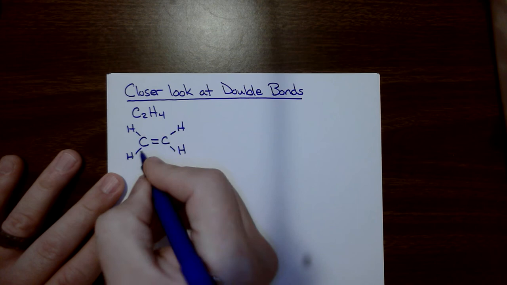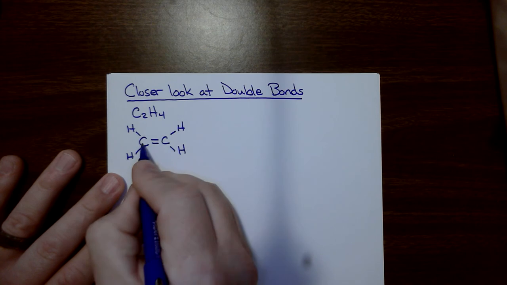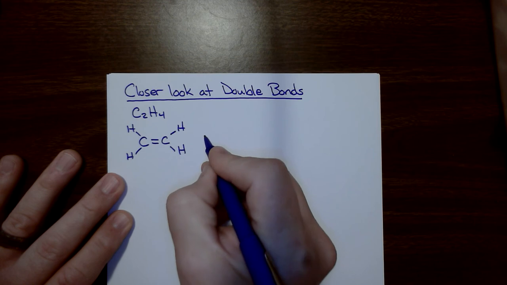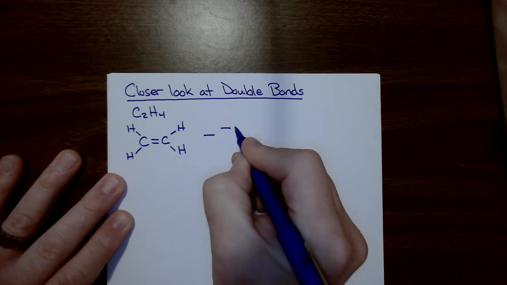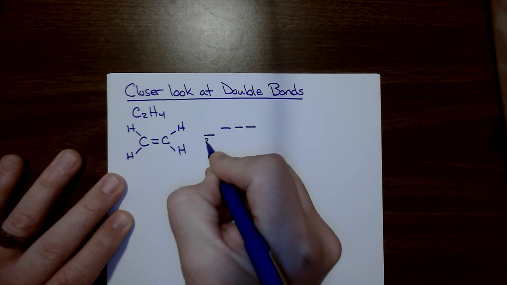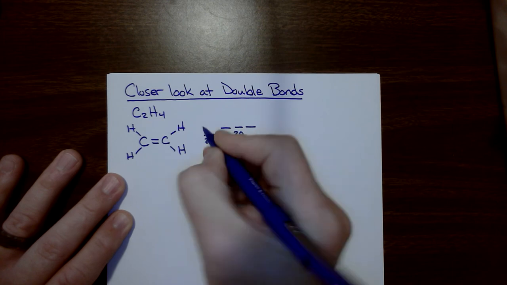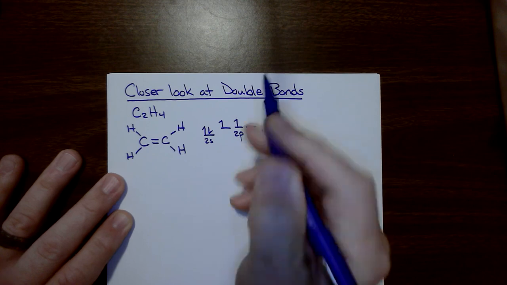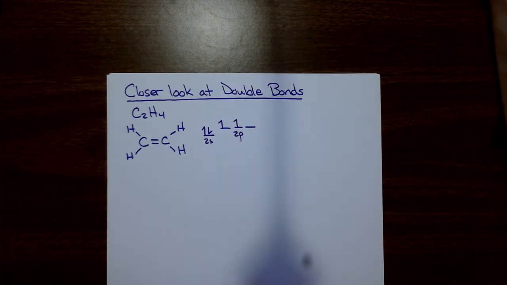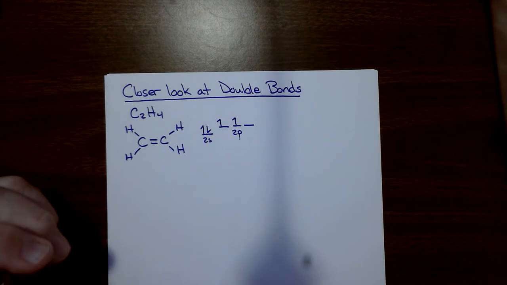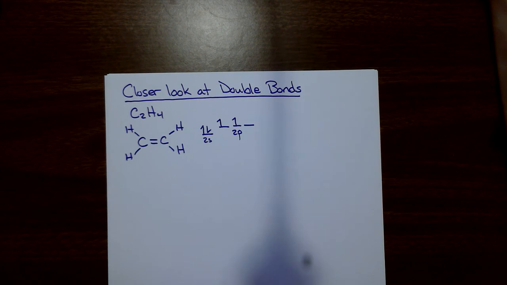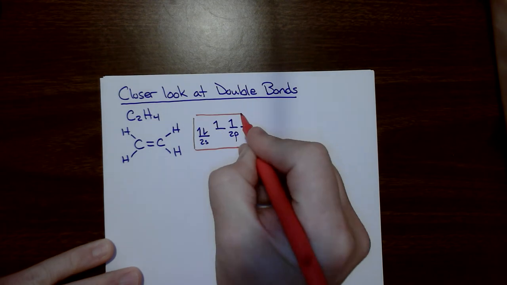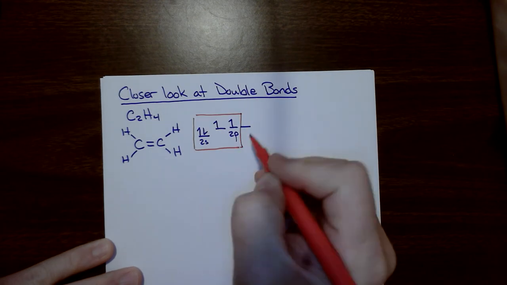And I'll write that we'll look at this first carbon here. Now, in this case, carbon is taking this 2s and these 2p orbitals, and it's hybridizing them. It's going to take the s and 2 of the p orbitals and hybridize them.